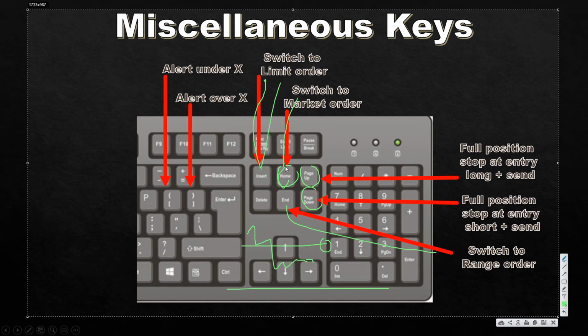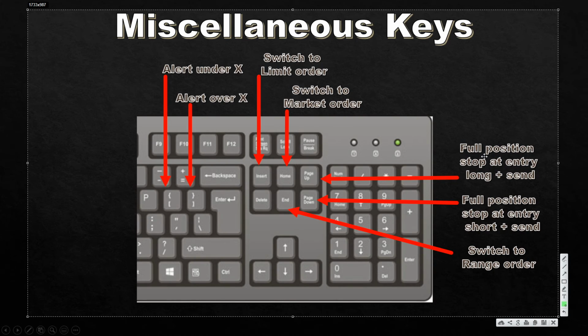And then I have the page up and page down. The up is for a long, and then the page down is for a short. The page up, essentially, will stop my full position at entry for a long and sends that order. Pretty much, this is the only order that I have that actually sends an order with full position. It's a one button push, and it will send a full position stop at entry.